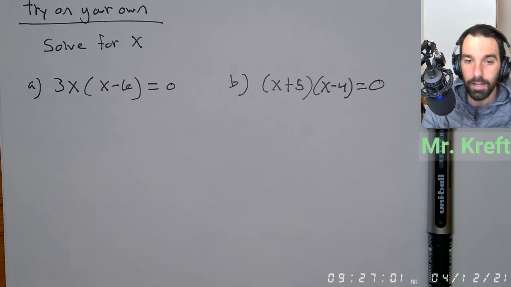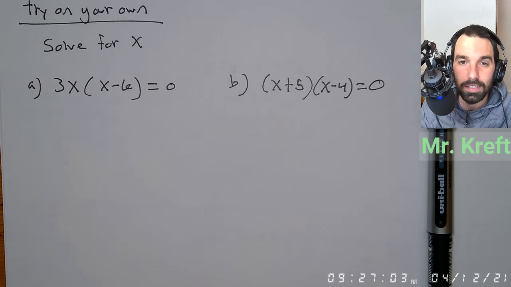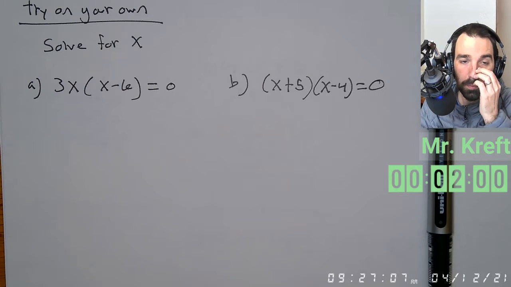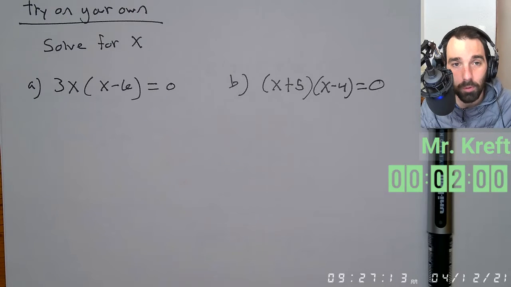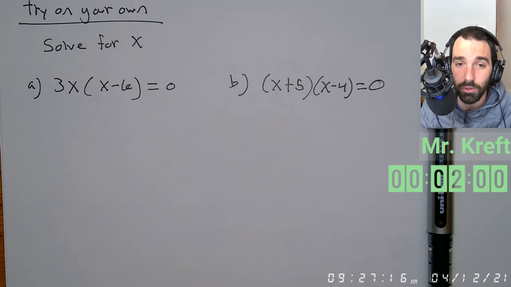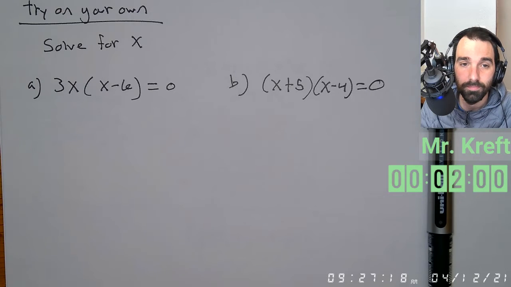I don't think we need a lot of time. I bet you guys could do these in a couple of minutes. Okay, so we're just going to set these up and solve them. Use zero product property to set each term equal to 0 and solve.